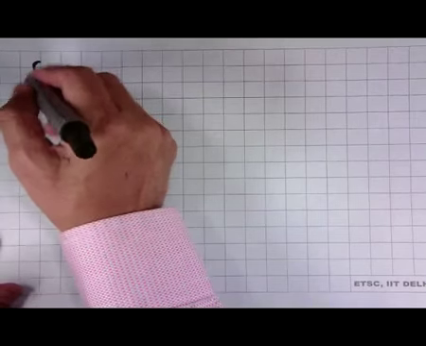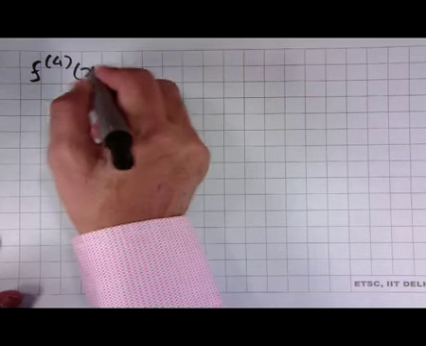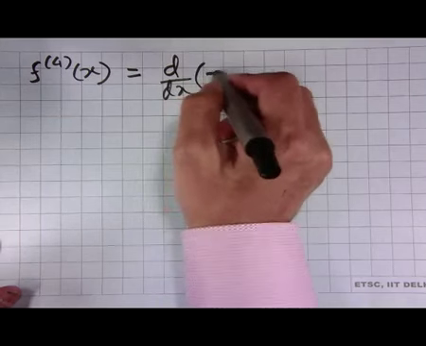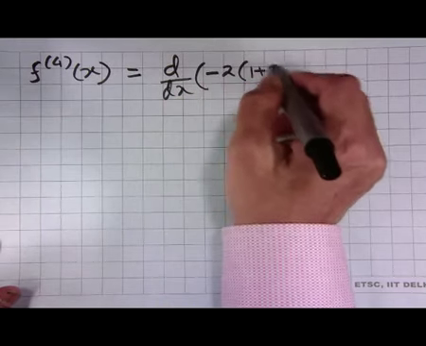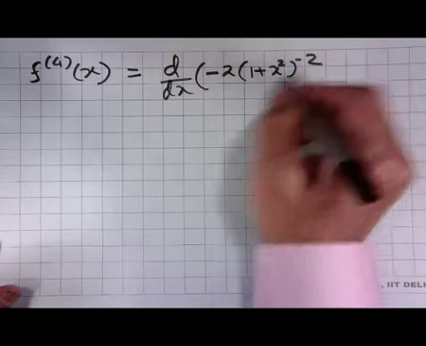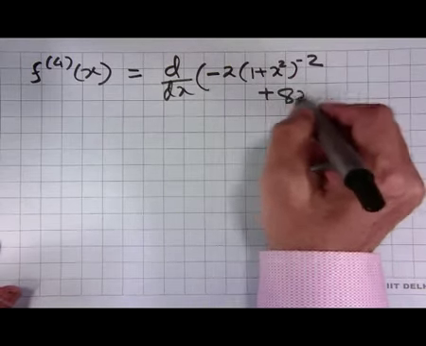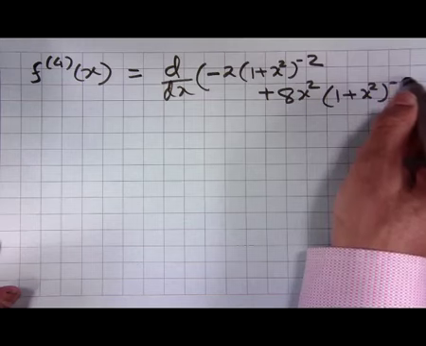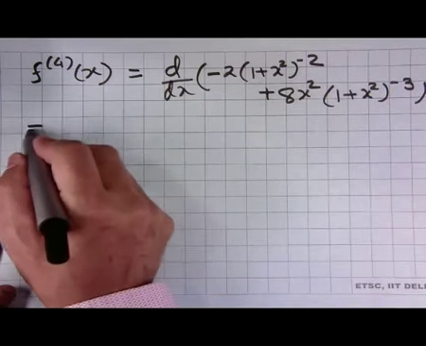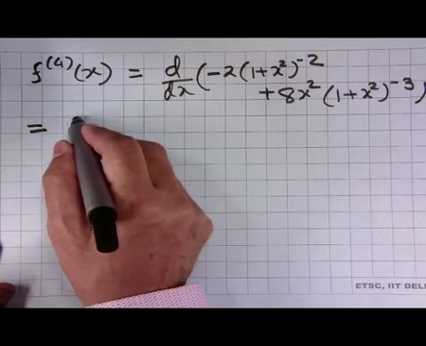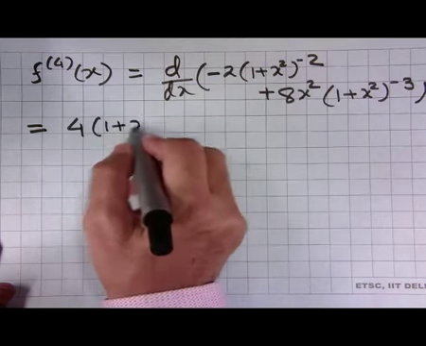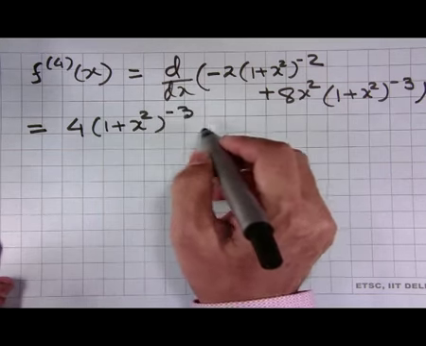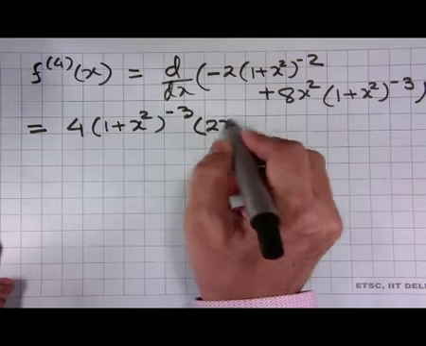Therefore, the fourth derivative at x is d dx of minus 2 into 1 plus x square whole to the power minus 2 plus 8 x square into 1 plus x square whole to the power minus 3, which is equal to 4 into 1 plus x square whole to the power minus 3 multiplied by 2 x.